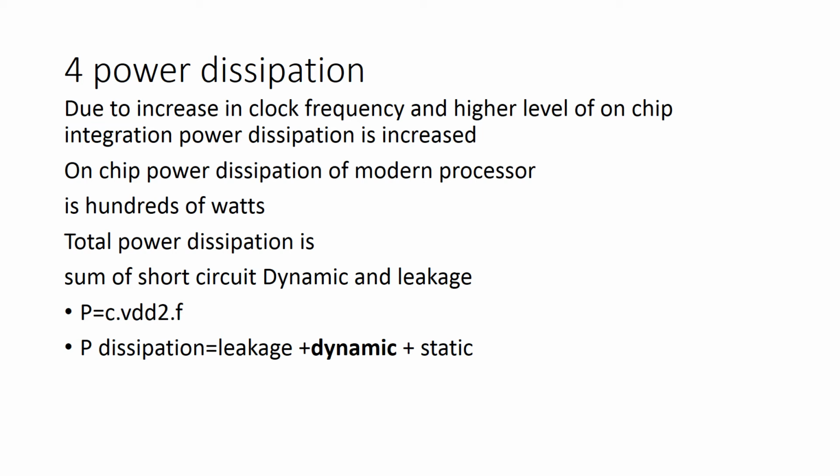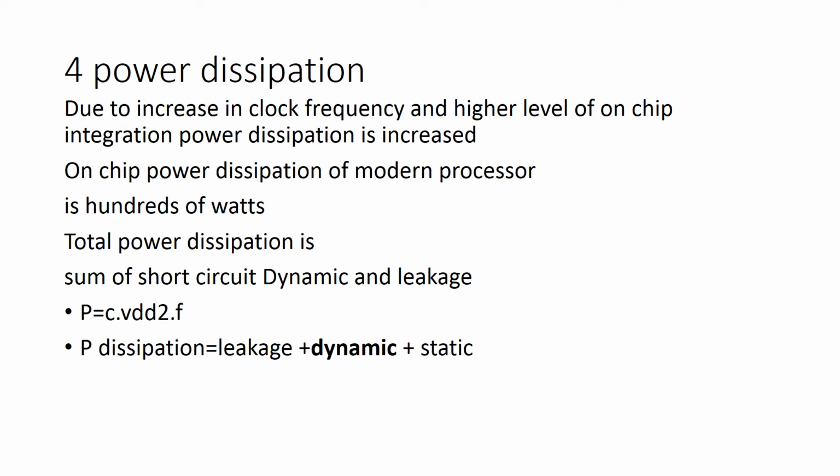Another criterion is power dissipation. Due to the increase in clock frequency and higher level of on-chip integration, dynamic power dissipation is increased. Why? Because the formula for dynamic power dissipation is F C V squared. As F is increased, your dynamic power is increased. On-chip power dissipation of a modern processor is hundreds of watts. Total power dissipation is the sum of short circuit, dynamic and leakage power.